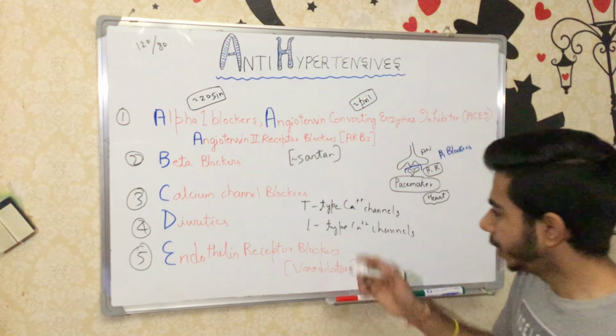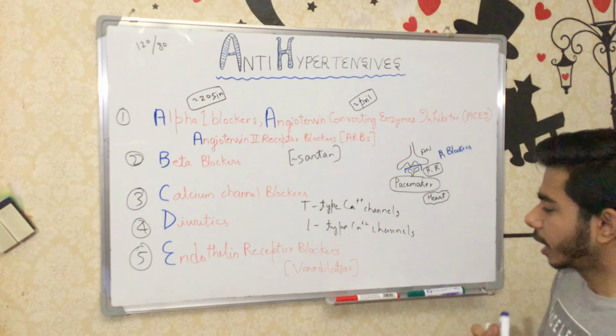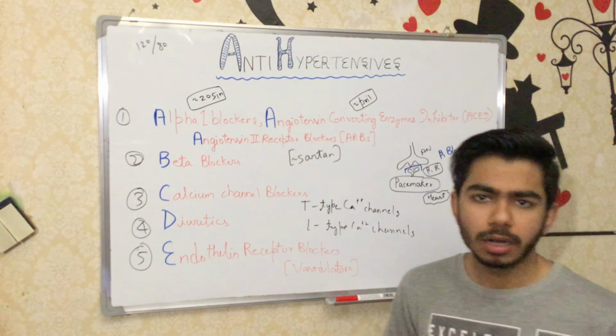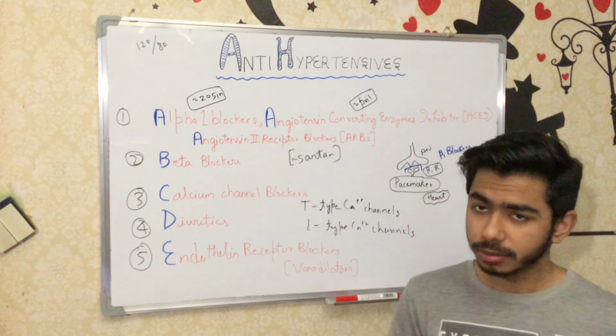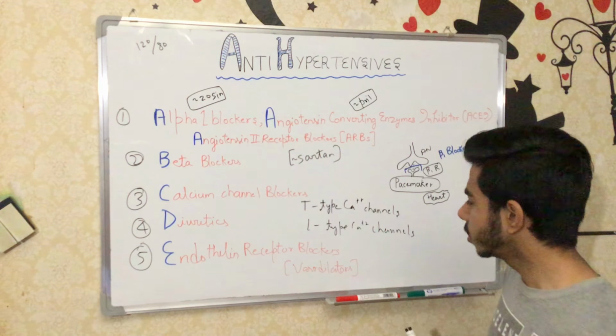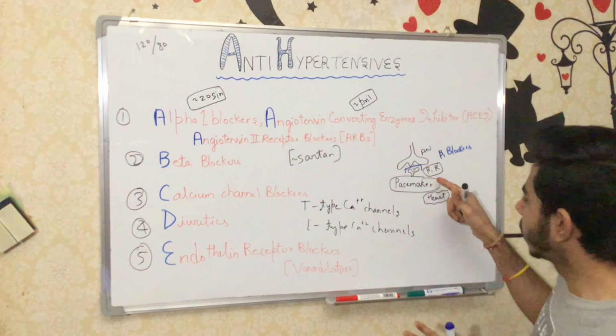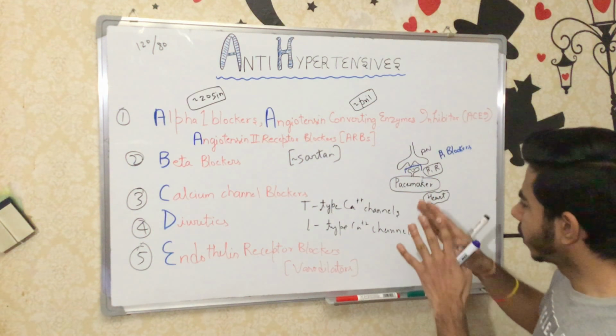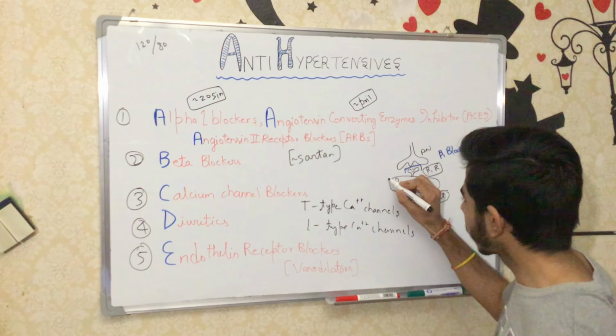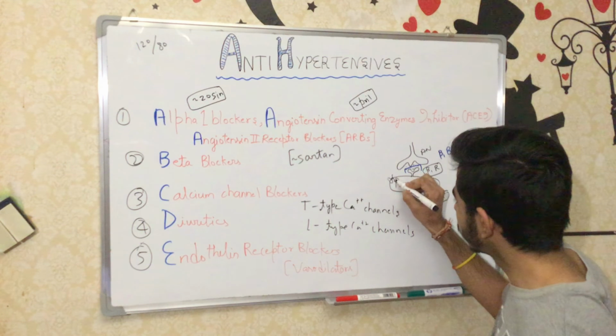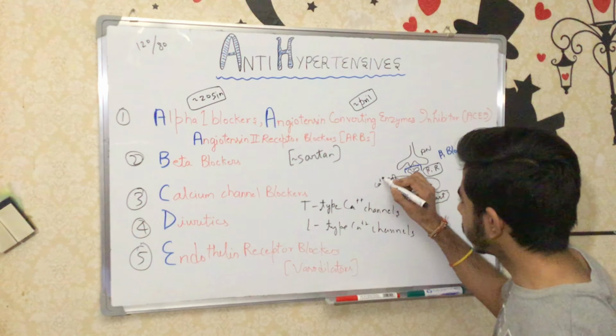Now, T-type calcium channels are present in our heart, that is the pacemaker of our heart, like this. So like the beta 1 receptor, we have the calcium channels also. These are the calcium channels, for example.